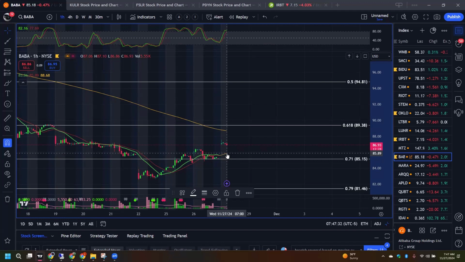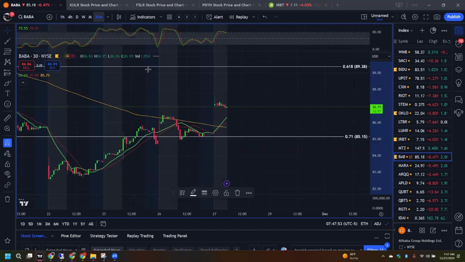But the further out your expiration date goes, the further away from the current price your strike price can go. For me, I would be looking at either an $86 December 20th or perhaps a $90 January 17th, 2025.